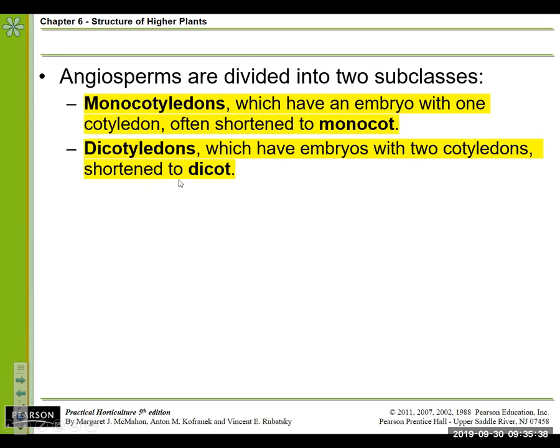But the main thing is that the monocots, when the seed germinates, have one cotyledon, which is the seed leaf. And inside of the seed, we actually have an embryo. And what that seed does is it basically sends out the radicle, this little baby root, pretty much a taproot, and it sends out the cotyledon.